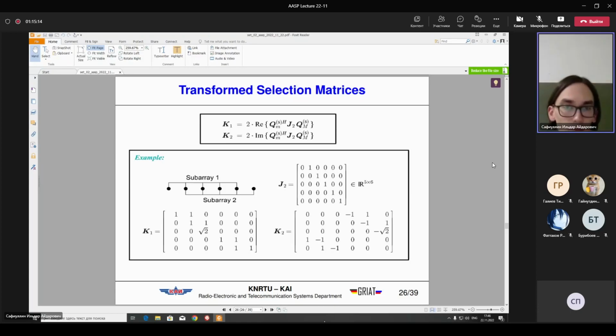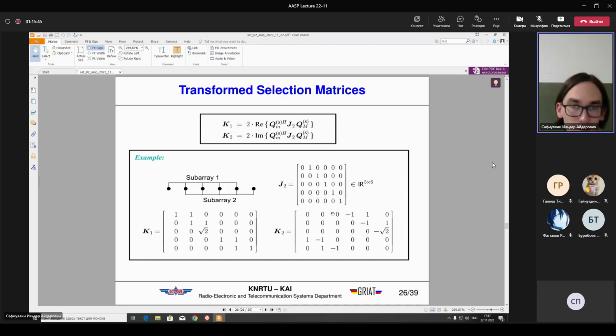So first we need to show the second selection matrix. It is, let's say, a diagonal matrix with ones for the second column, first row, then second row, third row, fourth, and fifth in the following way.